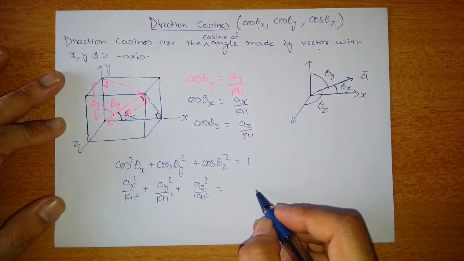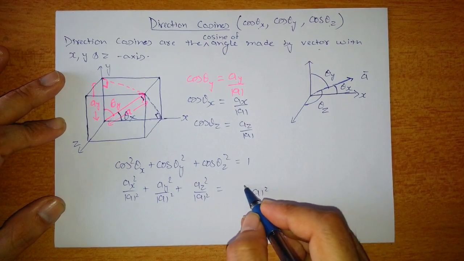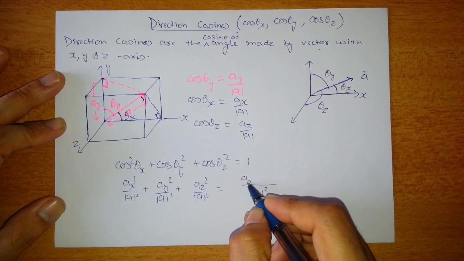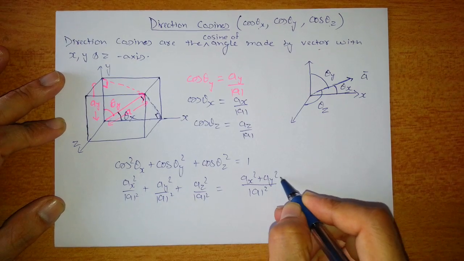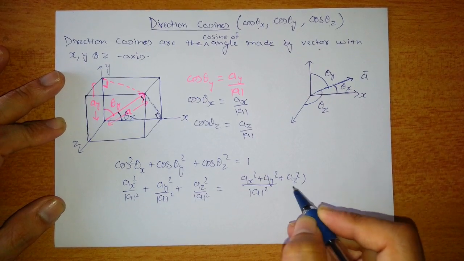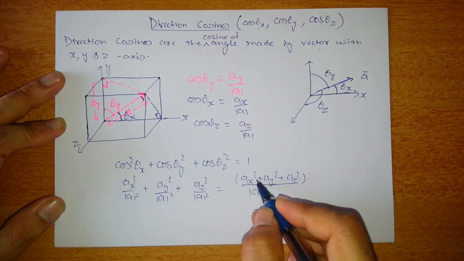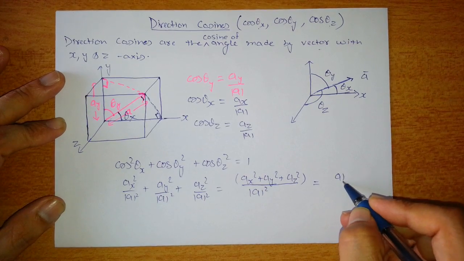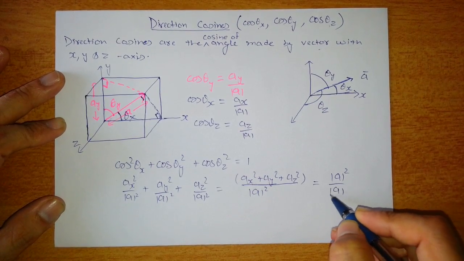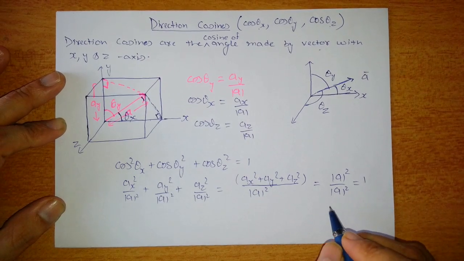So we get mod of a square in the denominator, and the upper part will be ax square plus ay square plus az square. As we already know, this is nothing but the square of the magnitude. So we get this as 1.